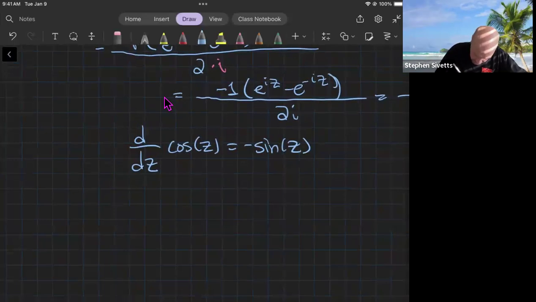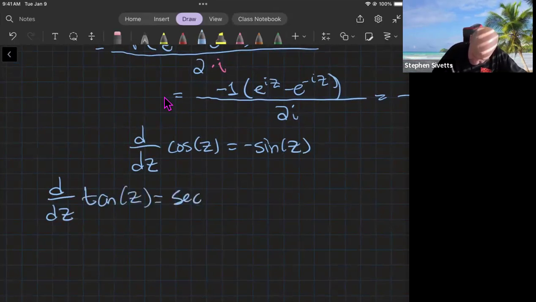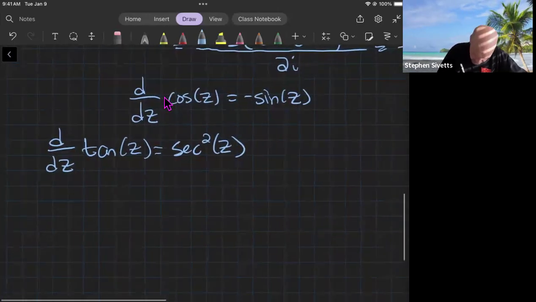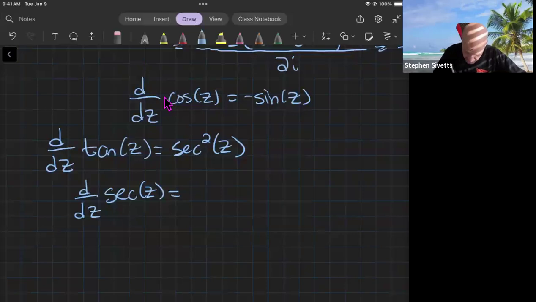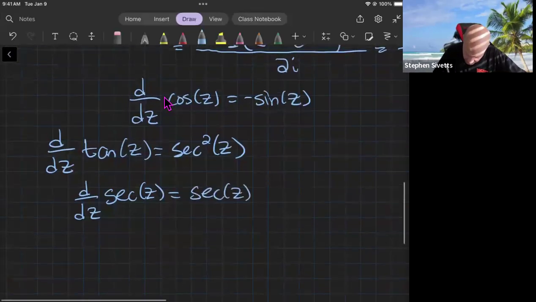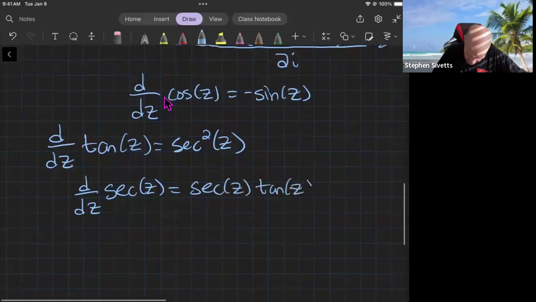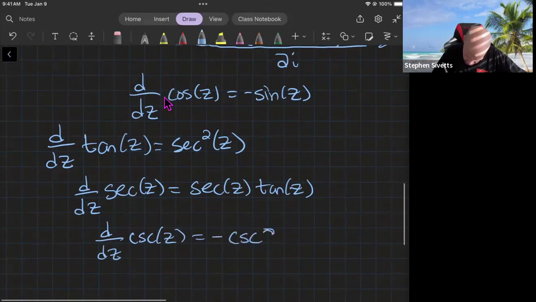Okay. And also these other derivative rules you've seen in calculus. The derivative of tangent of z equals secant squared of z. The derivative of secant of z equals secant z tan z. The derivative of cosecant is equal to minus cosecant of z cotangent of z.